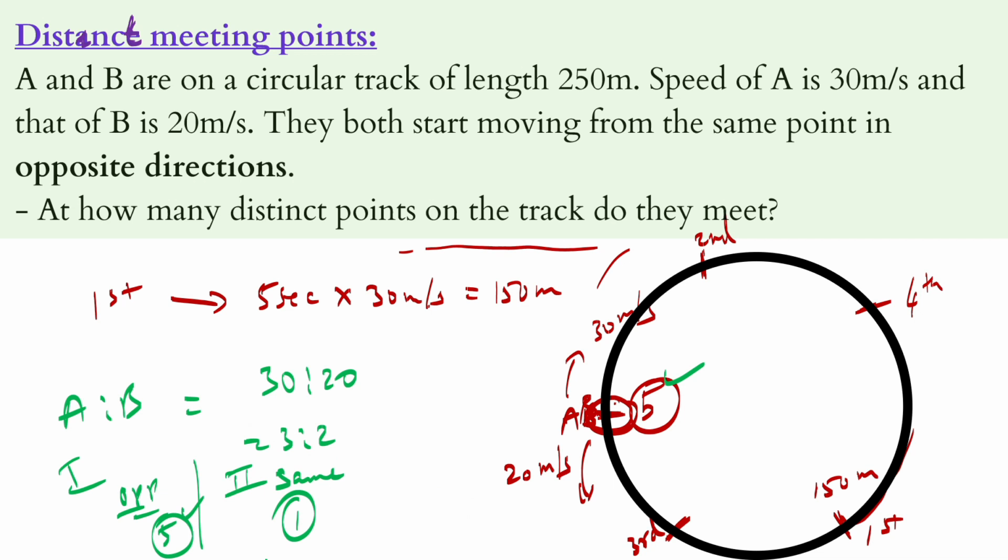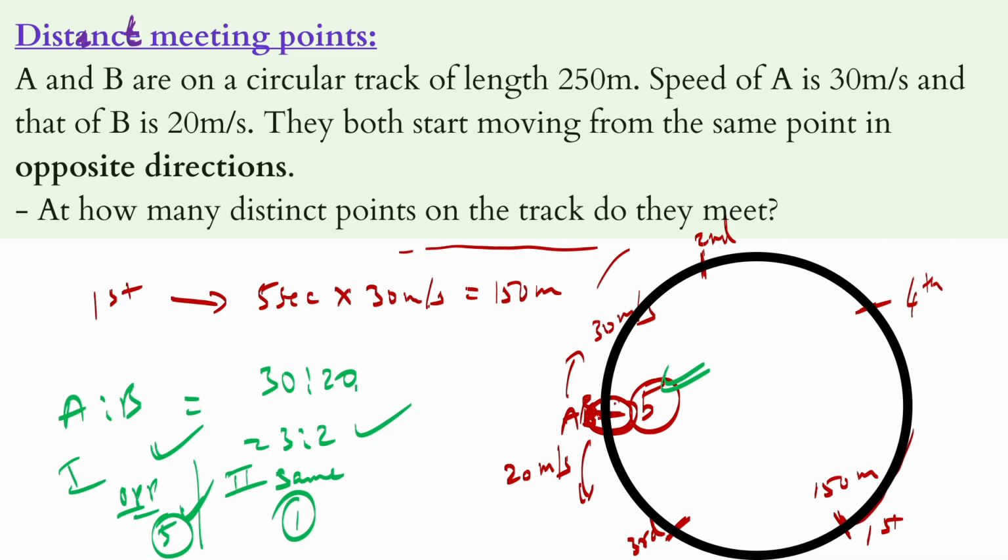So if A and B had traveled in the same direction, they would have met at only one distinct point, whereas A and B now traveled in opposite directions. So the total distinct points are 5, right? So instead of calculating like this, we can simply take the ratios and add in the case of opposite direction, and subtract in the case of same direction.